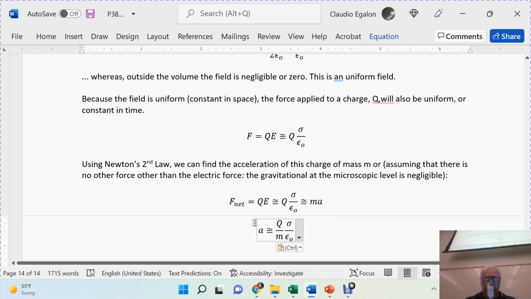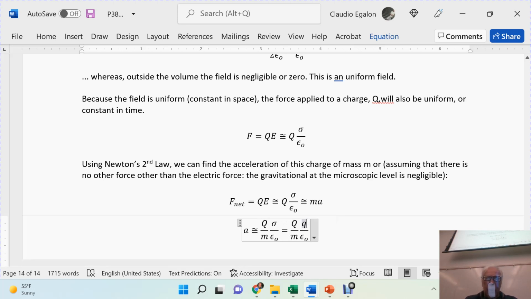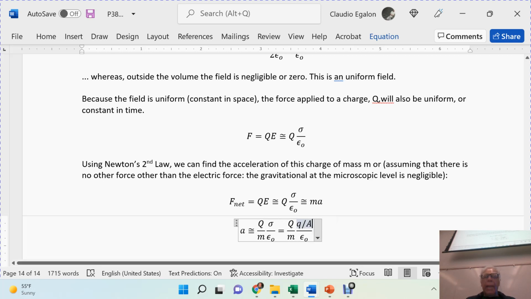I'm going to write this little q here as being the charge in the plate. I'm going to distinguish the charge in the plate as lowercase q divided by the area of the plate. Here's the charge that's subjected to the electric field.